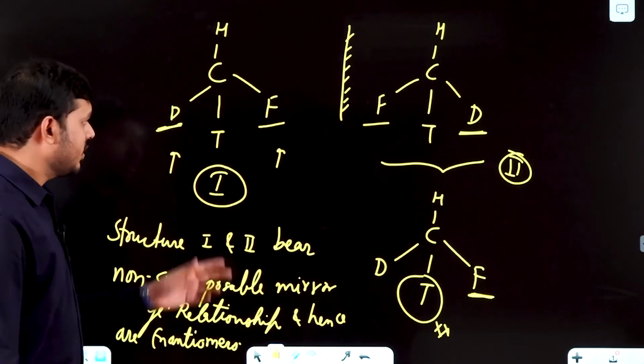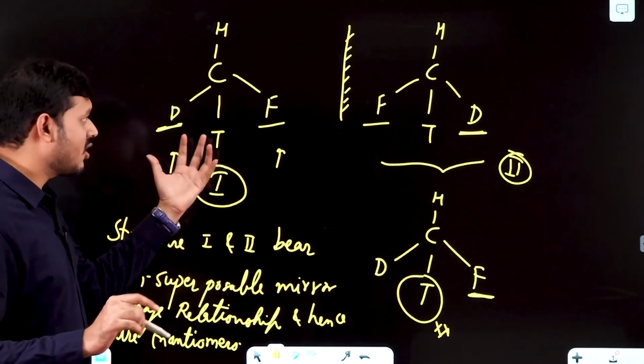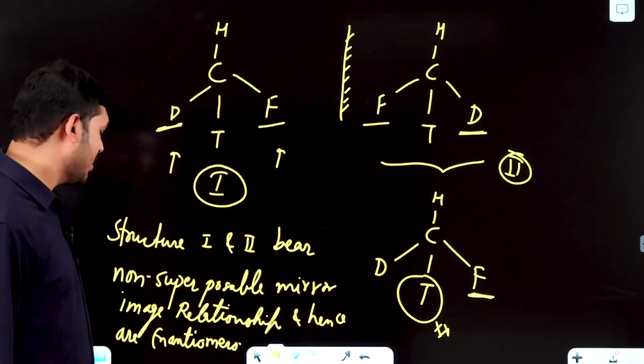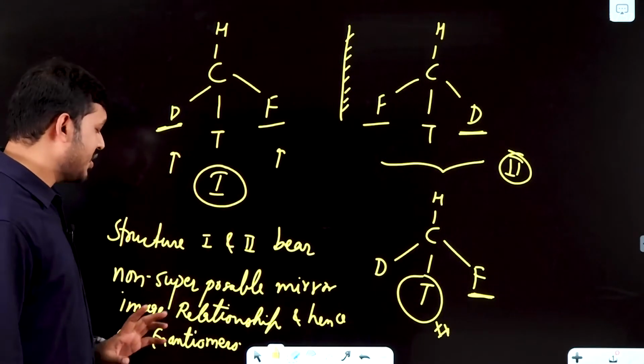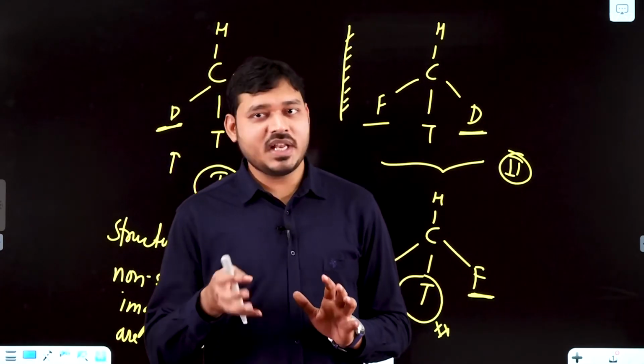Okay, so these two bear a non-superposable mirror image, meaning all atoms cannot coincide with each other, so they are enantiomers. Okay, now friends, understand what are the properties of enantiomers.